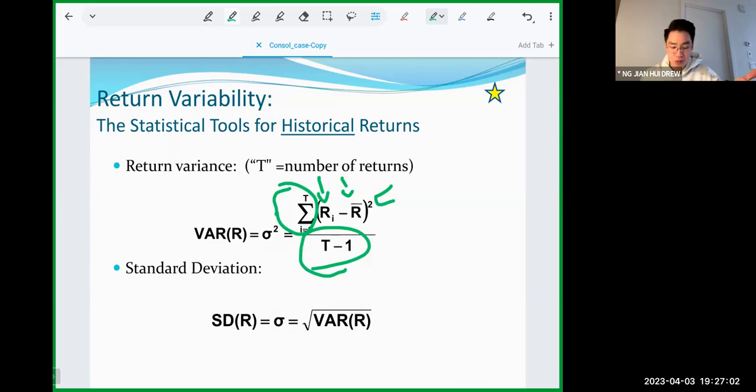Should it be t minus 2 or t minus 3? Or should it just be t? Maybe you don't even need minus 1. Anyone knows why? Or you want to give it a try? Why is it t minus 1?